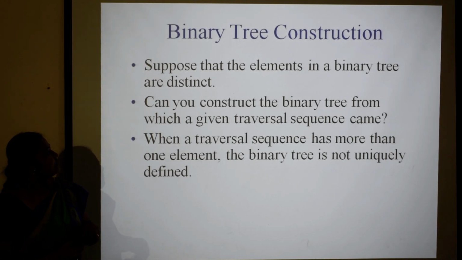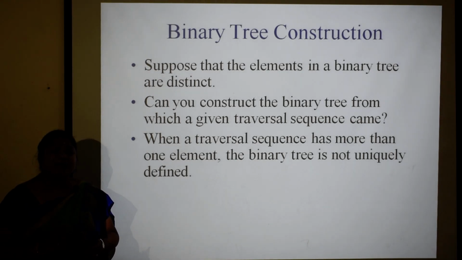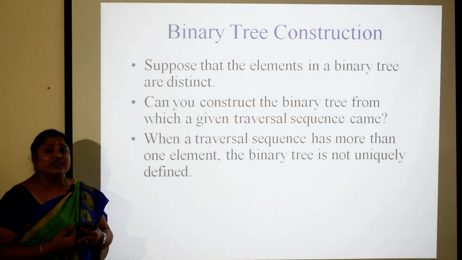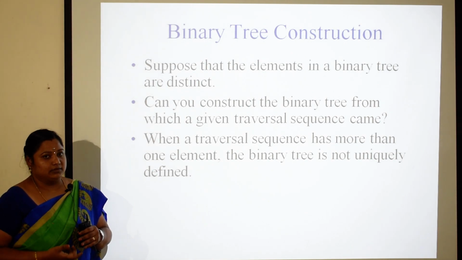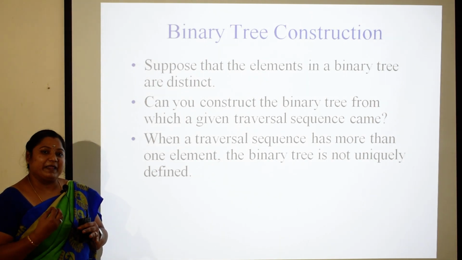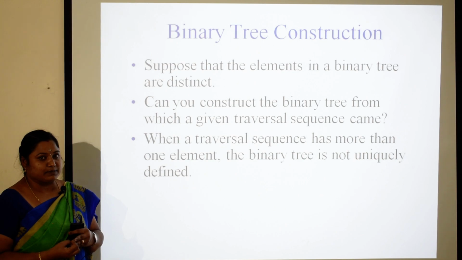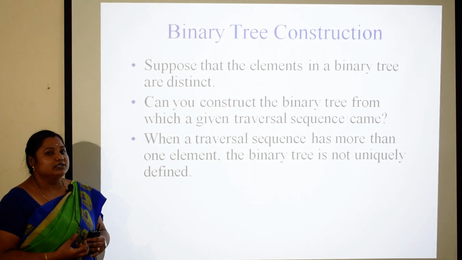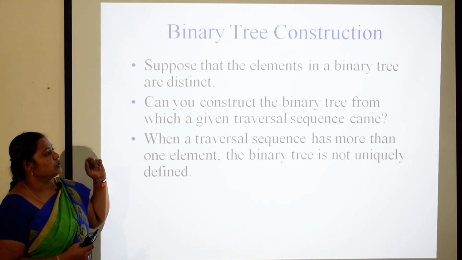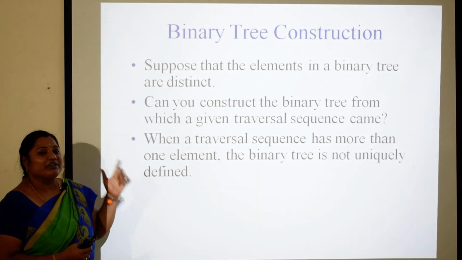Then binary tree construction: can we construct a binary tree? Until now we have seen that if a binary tree is given, we can make infix, postfix and prefix expressions. So if an expression is given, can we make a tree structure or not? It is possible. Why? Because we know the order.